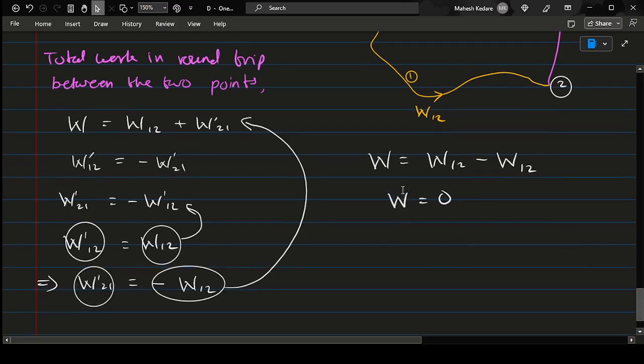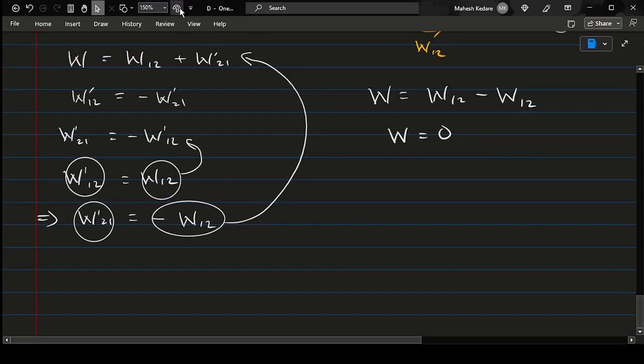So when the work done is 0 along a closed path, we can take this fact as an alternative definition of conservative forces. So we can say that the conservative forces are those in which the work done along a closed path is 0.